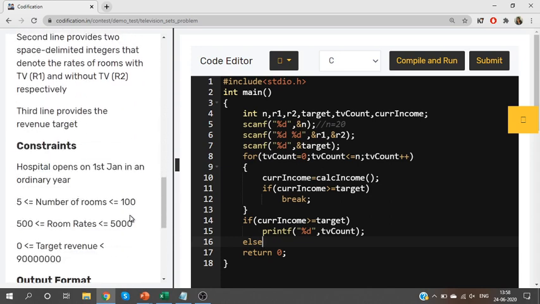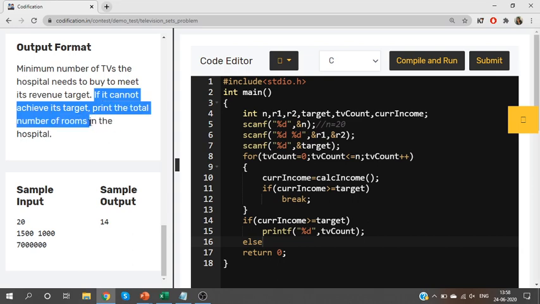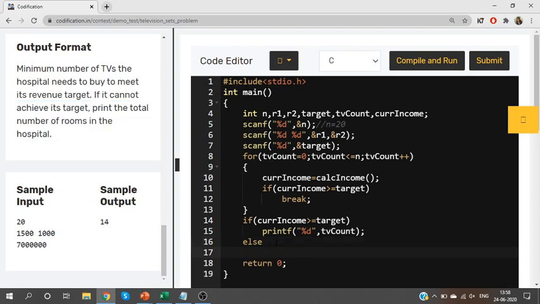If it cannot achieve the target, print the total number of rooms in the hospital. Okay. If it is not achievable, print the number of rooms. Print of percentage d comma number of rooms. So these are the steps we need to do here.